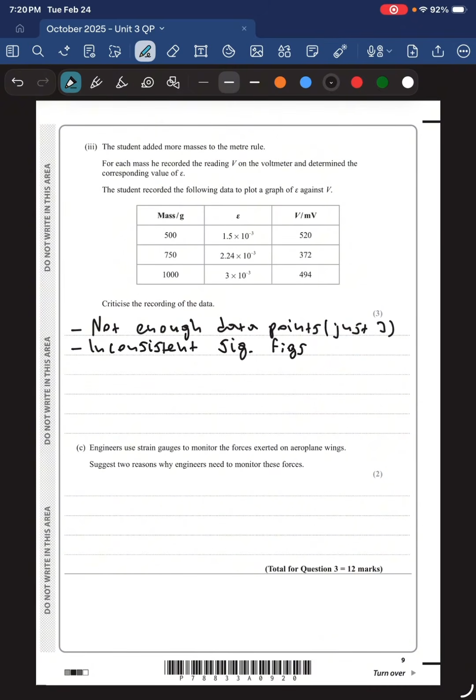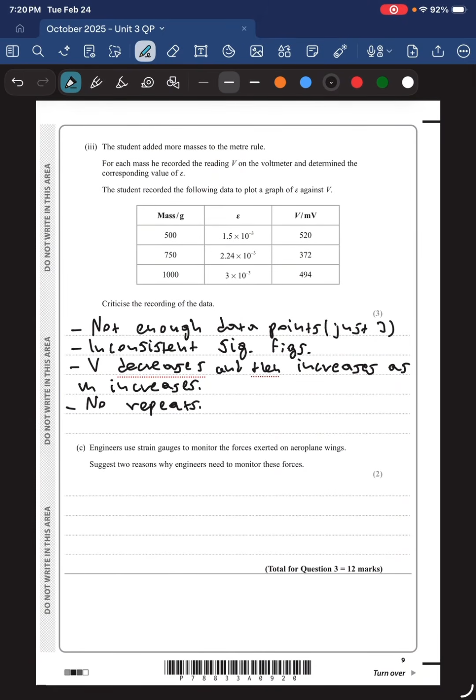I'm gonna write it like that. V decreases and then increases as mass increases, which is a bit crazy, and then there are no repeats. So these are all valid points to include.